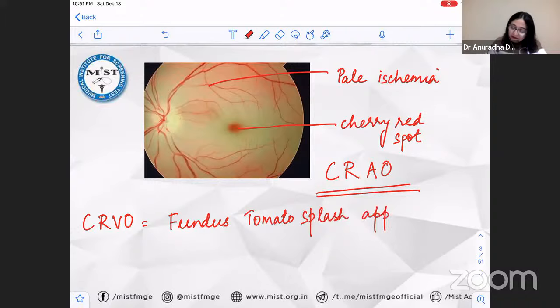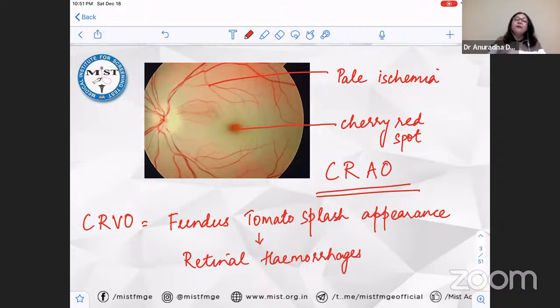So the fundus appearance of CRVO is totally different. Tomato splash appearance, in which you see a lot of retinal hemorrhages. So in that way, we can clearly differentiate from the fundus findings whether it is a CRVO or CRAO, though both of them can present with sudden painless decrease in vision.